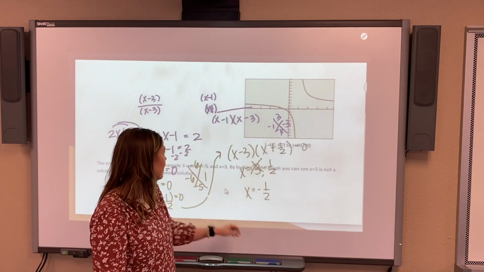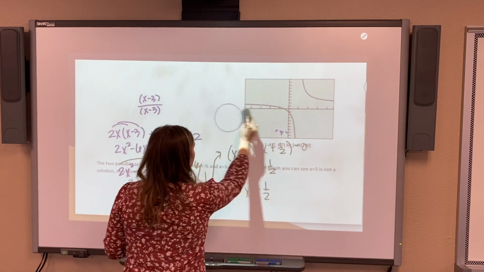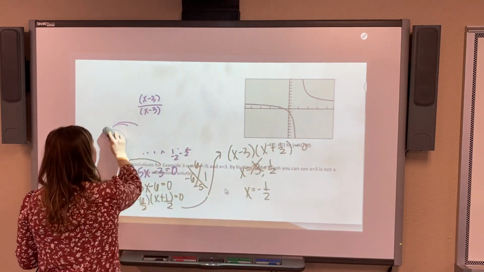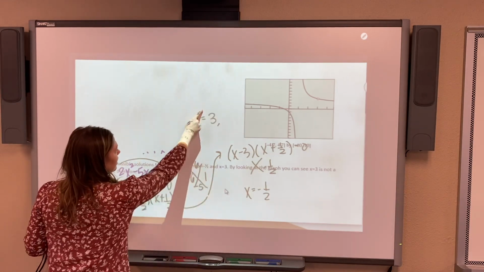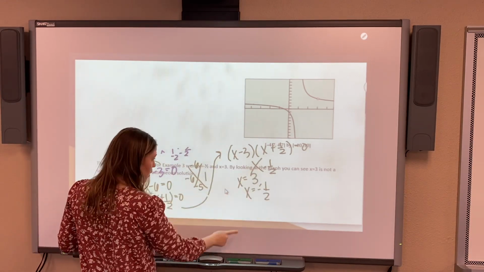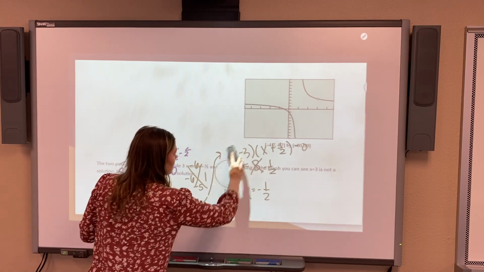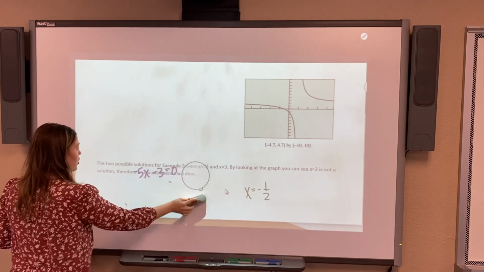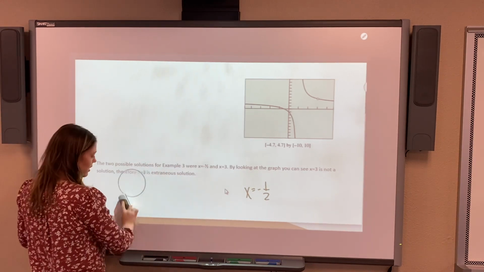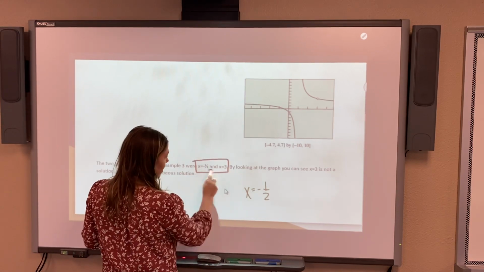So if we look at the graph of this, we said that x equals 3 was extraneous. Our solution was just -1/2. So our two possible solutions were x equals -1/2 and a positive 3.